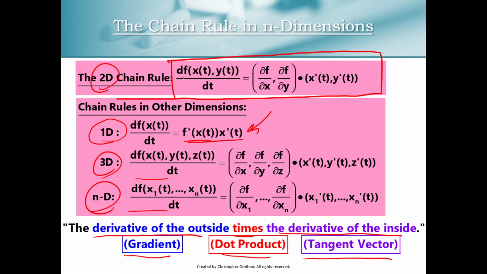So the derivative of the outside for f is going to be the gradient of f. The derivative of the inside, well, what's inside this function, x of t, y of t? Oh, the derivative of the inside is the tangent vector. And then we don't have multiplication, but we do have the dot product here. So last year's derivative of the outside times derivative of the inside still applies to this year's chain rule, but now it's gradient dot tangent.